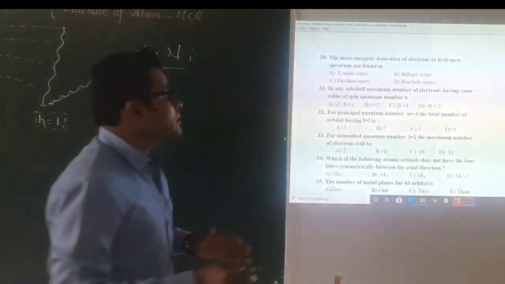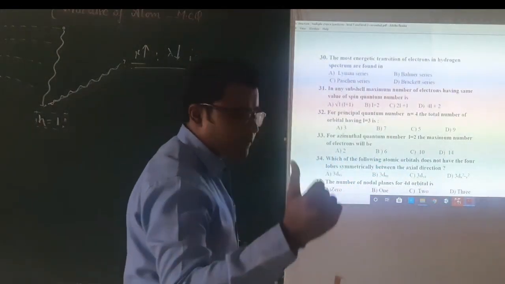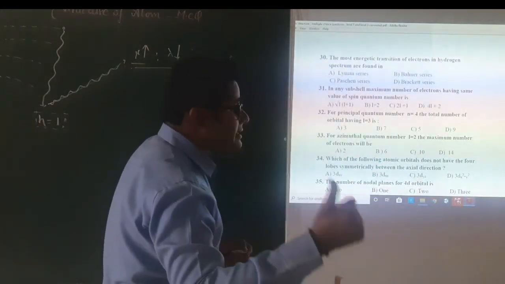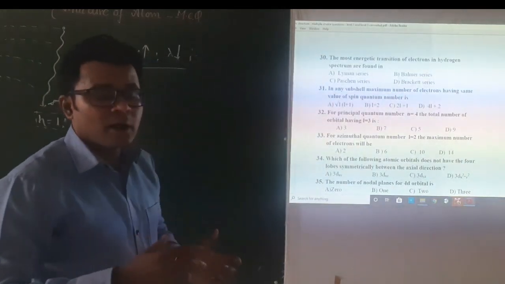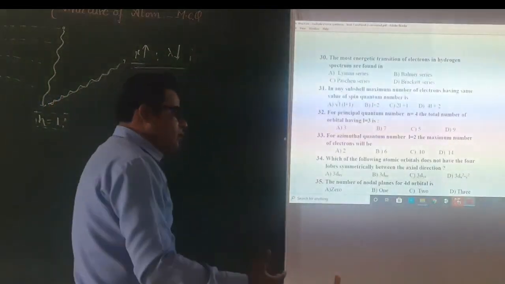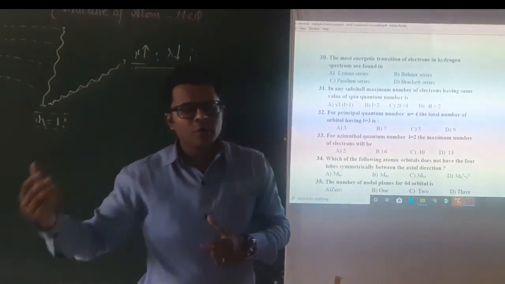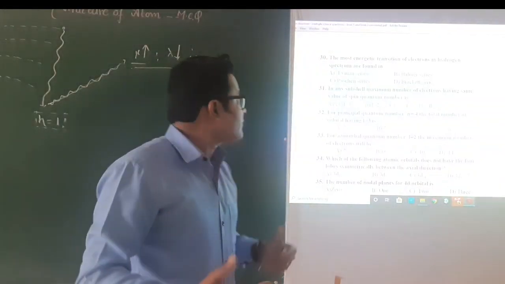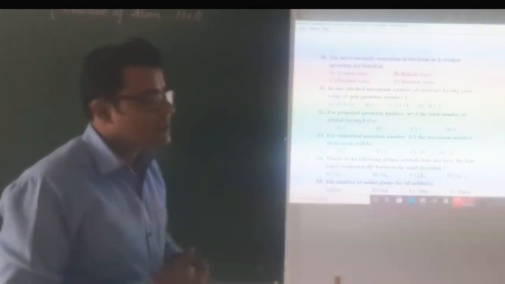Because Lyman series radiations are obtained in the ultraviolet, they have a higher amount of energy. So it is considered the most energetic transition of electrons.